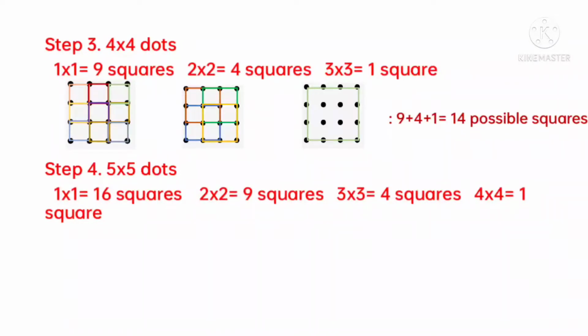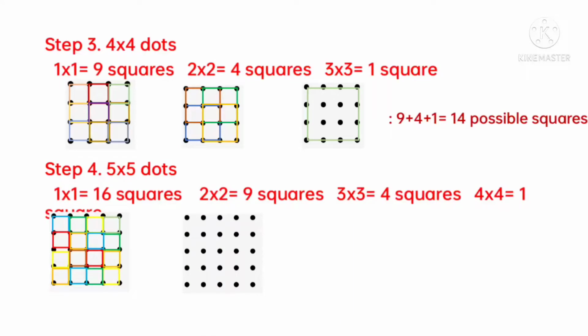So ito yung representation niya. 1, 2, 3, 4, 5, 6, 7, 8, 9, 10, 11, up to 16 squares. Next, 2 by 2 is 1 up to 9.